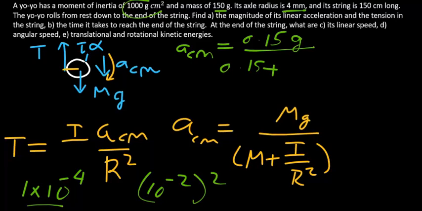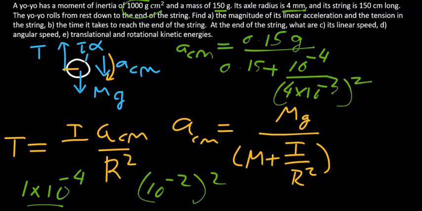So that is the moment of inertia in kg meters squared over R squared. R is 4 millimeters, so 4 times 10 to the power minus 3, converting that into meters, squared. And calculating, you get 0.23 meters per second squared for the acceleration.